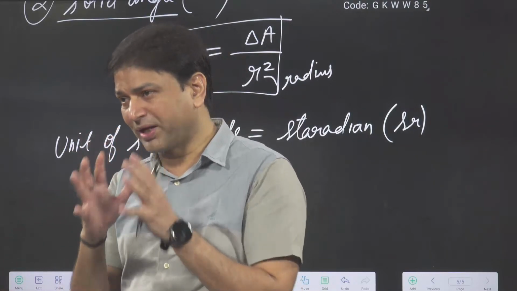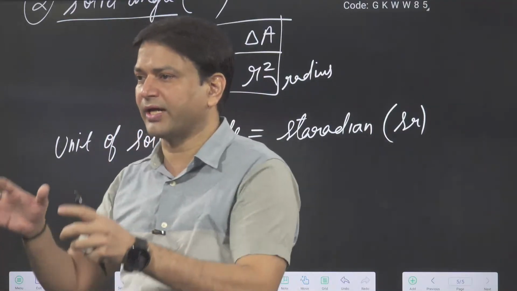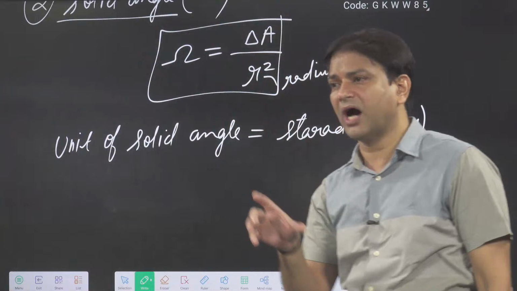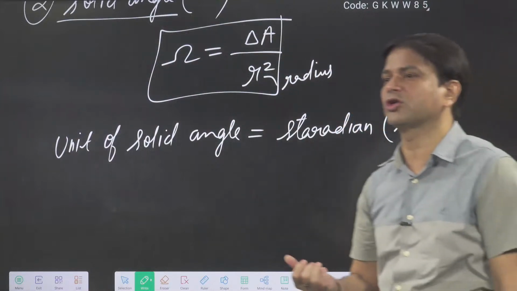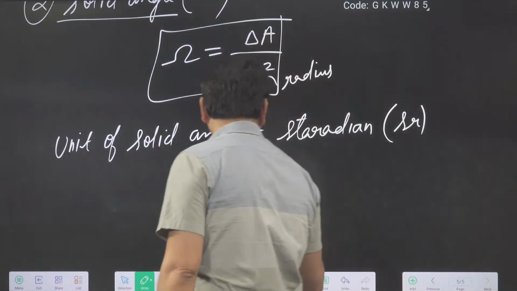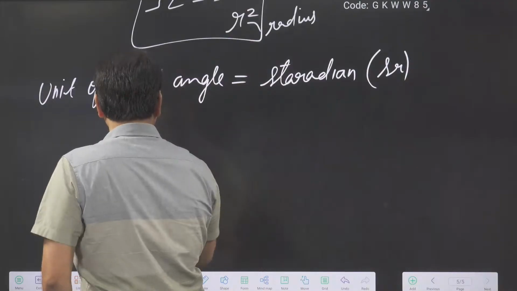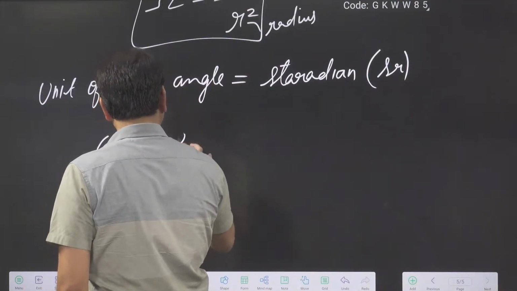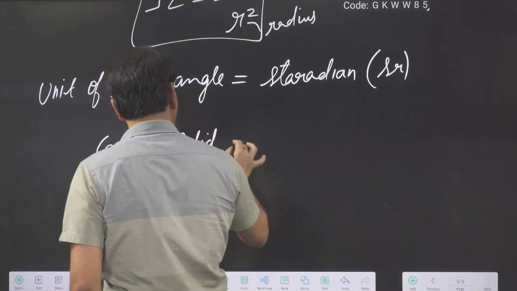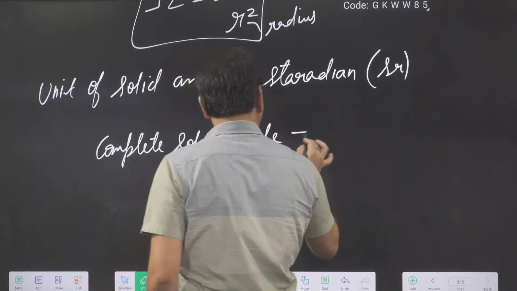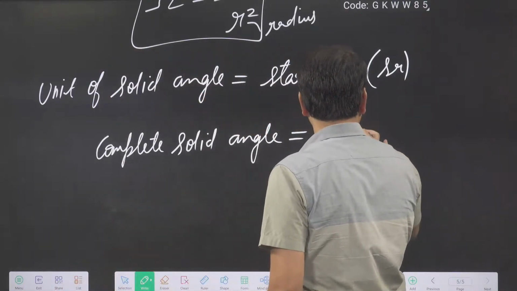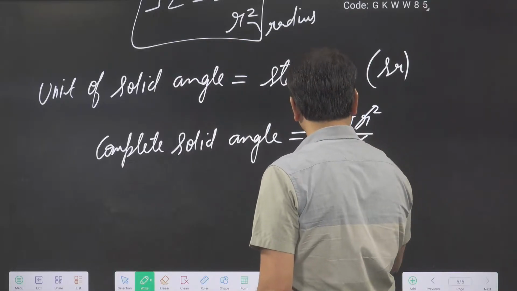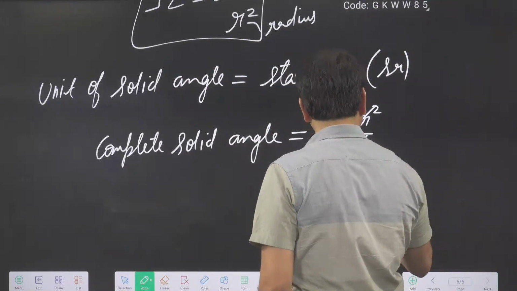So to find the complete solid angle, we take the whole area, 4 pi r square, upon r square. R square, r square cancel out. What we got? 4 pi SR.